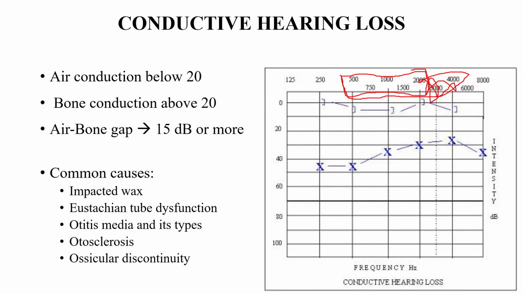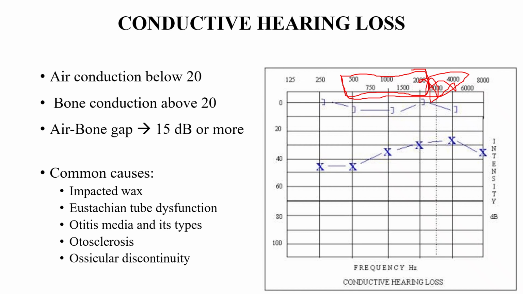So you have to subtract, and after subtracting, the gap is more than 15 decibel. So this way we come to know that the gap is more than 15 decibel. So it will be pure conductive hearing loss.